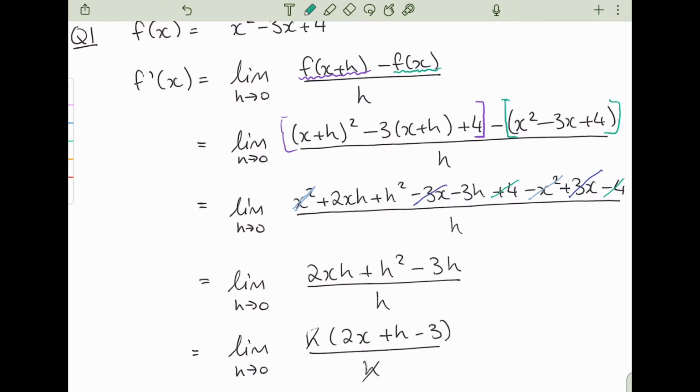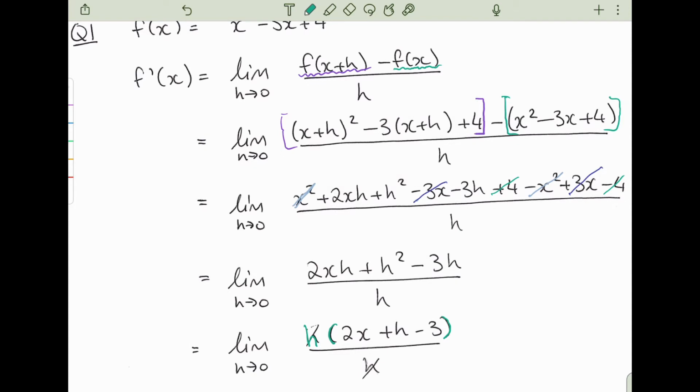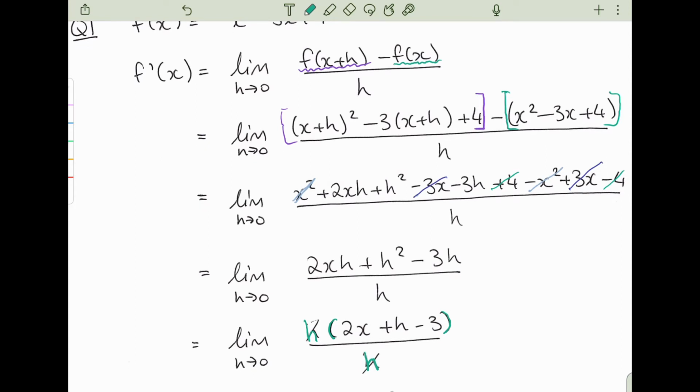So just factor out the h from the top expression here. You have h times 2x plus h minus 3. And this h can be cancelled with the h in the bottom. So we cancel out the 0 factor.